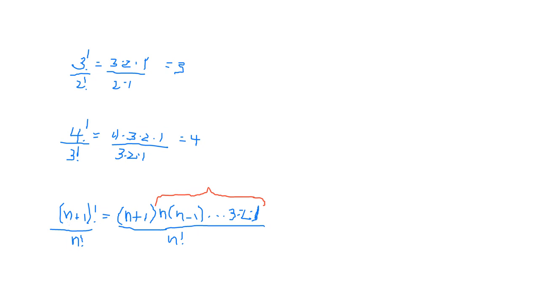N factorial. That's right, Tina. So this is going to equal then what? What happens here to the n factorials? Right, they simplify out, and you're left with n plus 1.